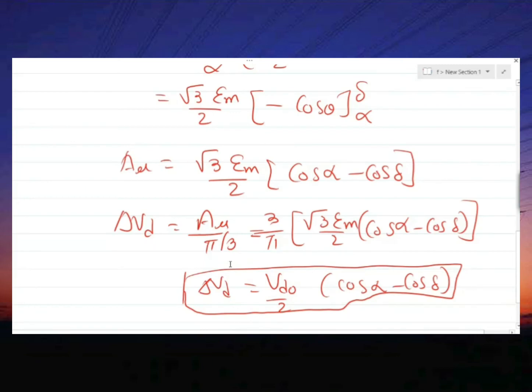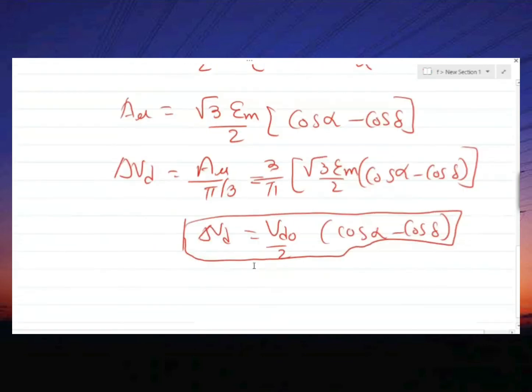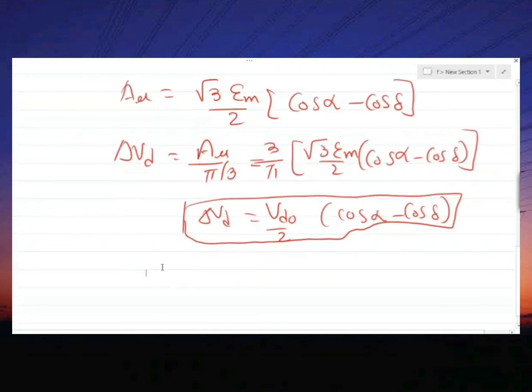Now the DC output voltage during the overlapping, right? We can calculate the DC output voltage during the overlapping. So the DC output voltage, called Vd, is equal to Vdo cos alpha.